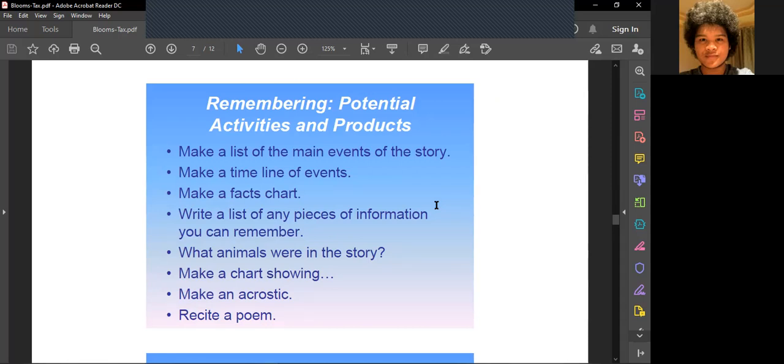Again, essay question is highly adaptive to any levels if questions are stated accurately and according to the objectives, such as make a timeline of events in which the students could write, or make a facts chart, write a list of any pieces of information that you can remember, what animals were in the story, make a chart showing, make an acrostic, or recite a poem.